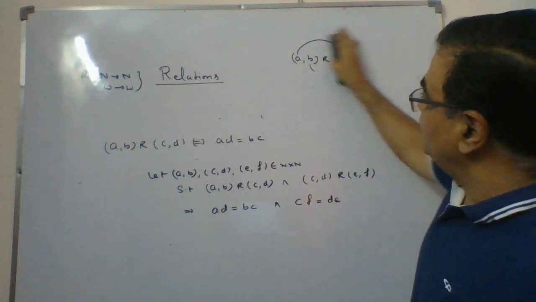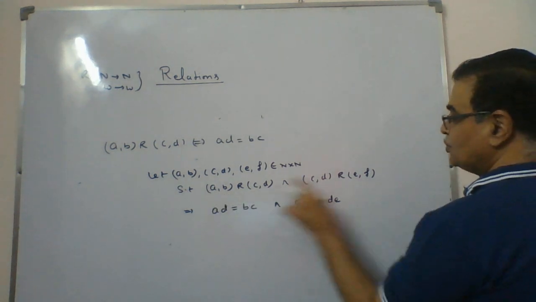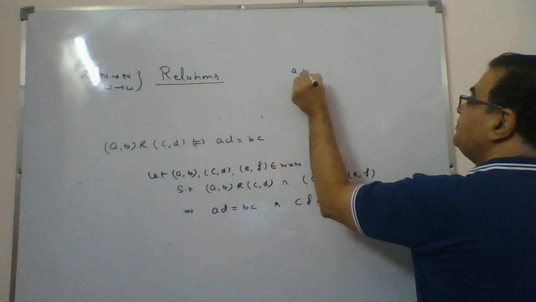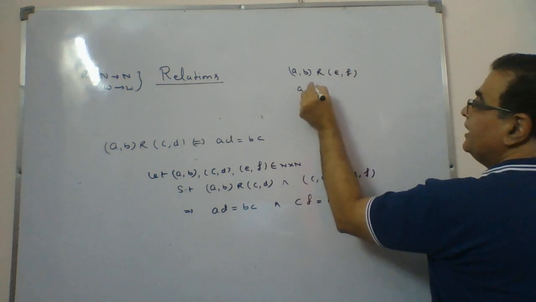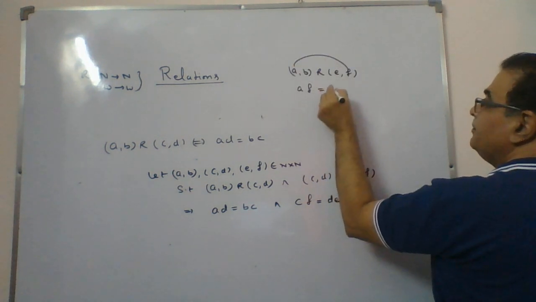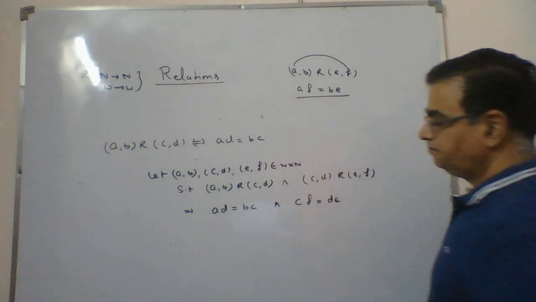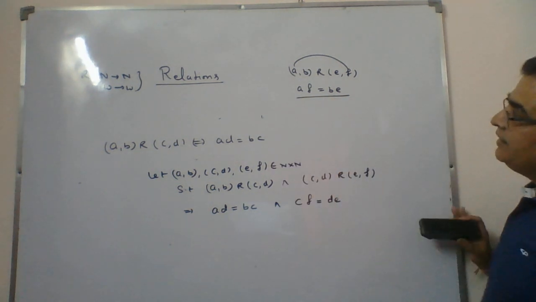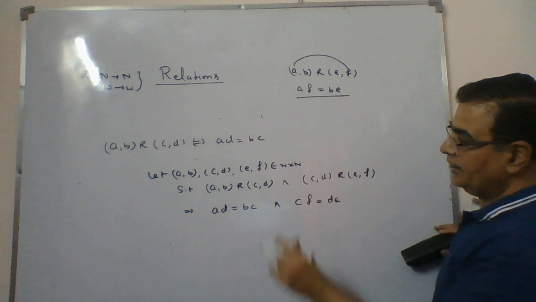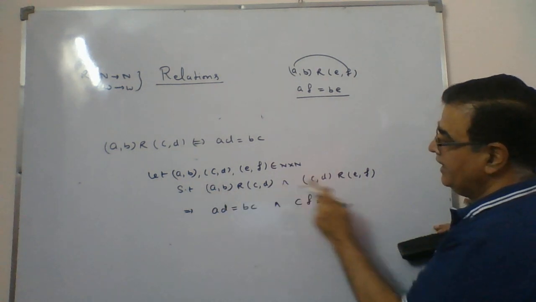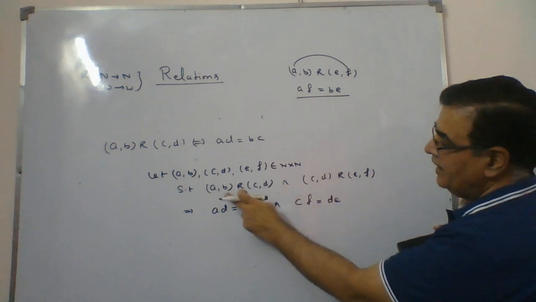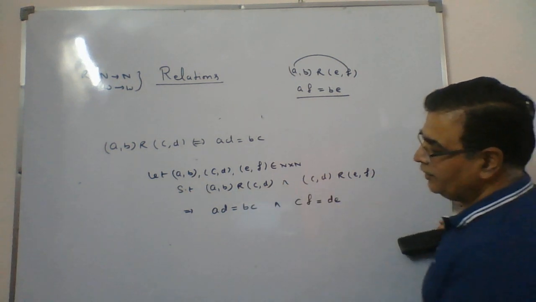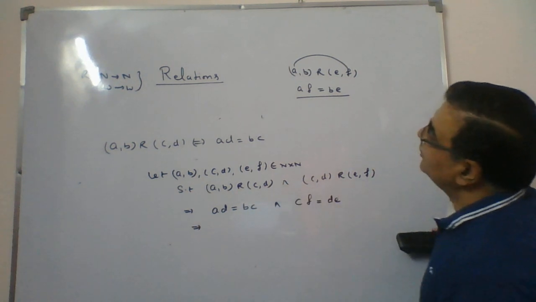What I want in the question now is that (a,b) should relate with (e,f). (a,b) relates with (e,f) means I need af to be equal to be. So what terms are not needed, just check here.